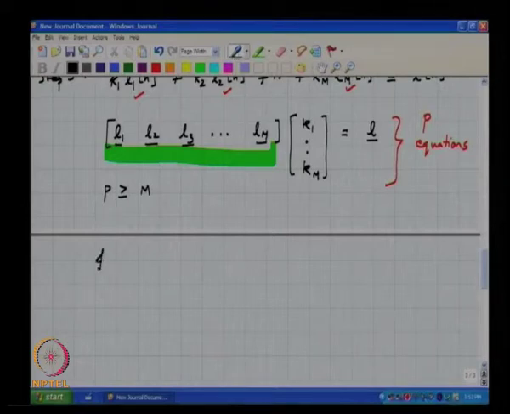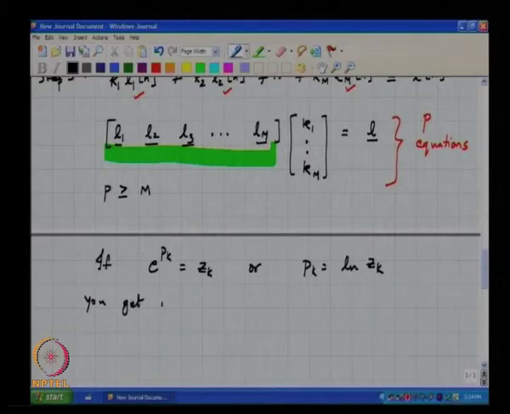So, if e to the power pk has been chosen to be equal to zk, or pk is chosen to be ln of zk, then you get a unique solution for k1 through km. You understand?